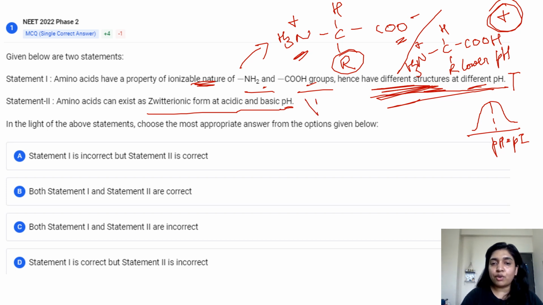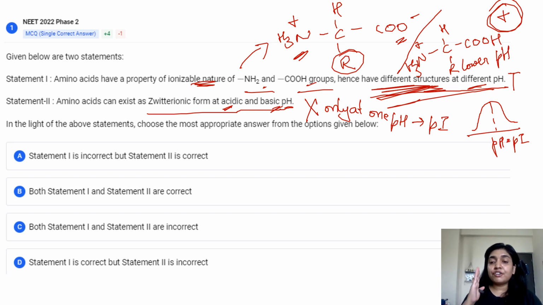This is false, this is wrong, because zwitterionic form exists only at one pH, which is also known as your pI or isoelectric point. Alright, so if you change it to an acidic or a basic pH, the zwitterionic form will no longer exist.